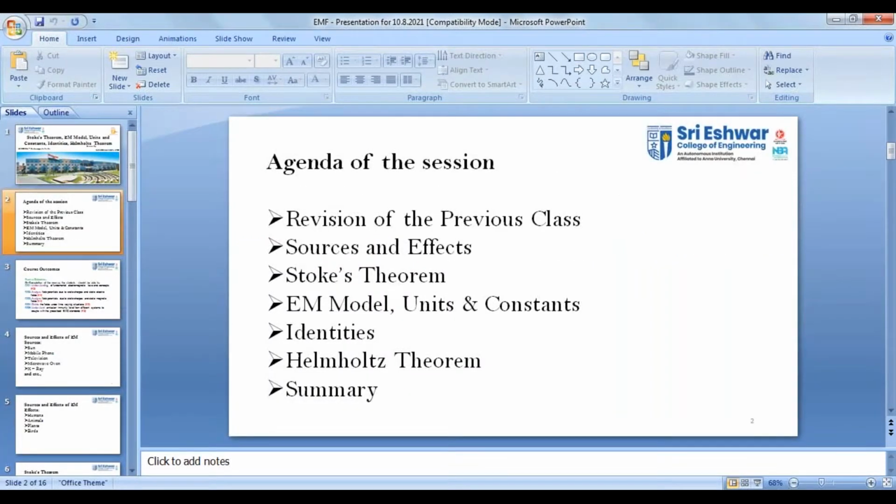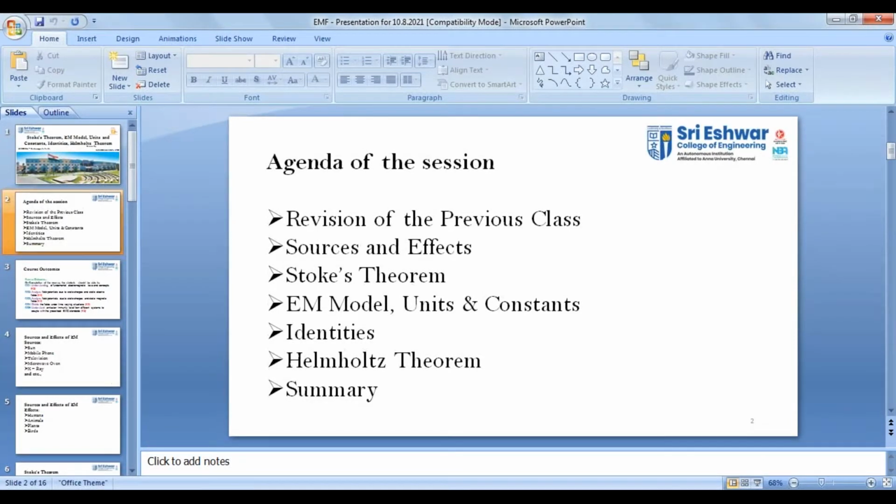The agenda for today goes like this: revision of the previous class, which is what we have done till now. Then we will start with the sources and effects. What are the sources of electromagnetism, and what are its effects? Which living things may be affected by electromagnetic radiations and waves? Then we will see Stokes theorem.